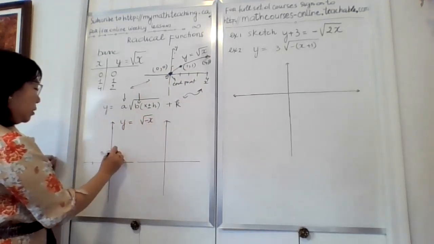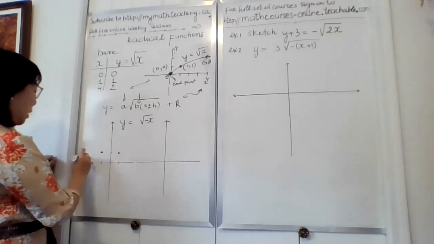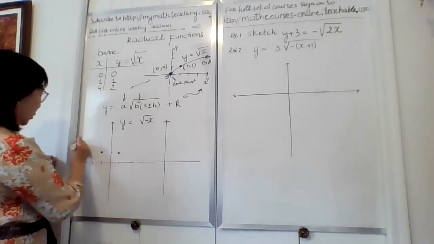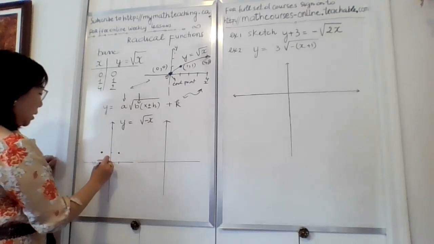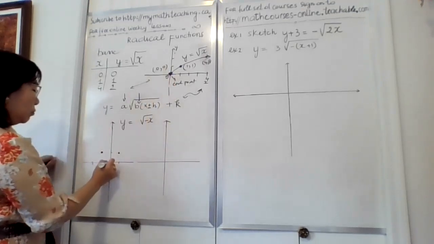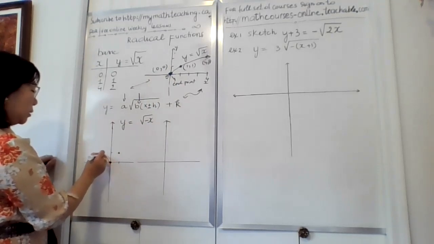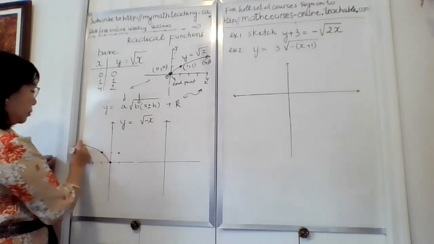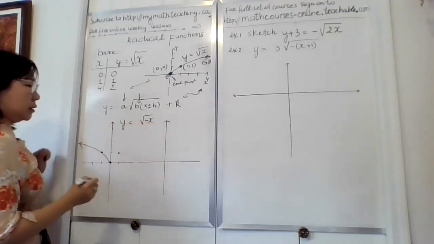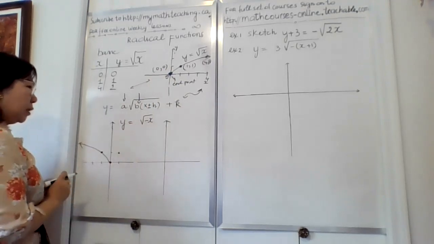So this point will become this point. So it reflects over here. And the 4 and 2 will be reflected on the way here. And the end point here, 0 and 0, will stay the same if reflected over the y-axis. So it looks like this. So this is the function y equals square root of minus x.